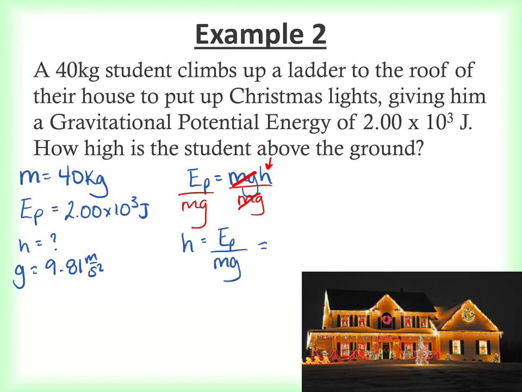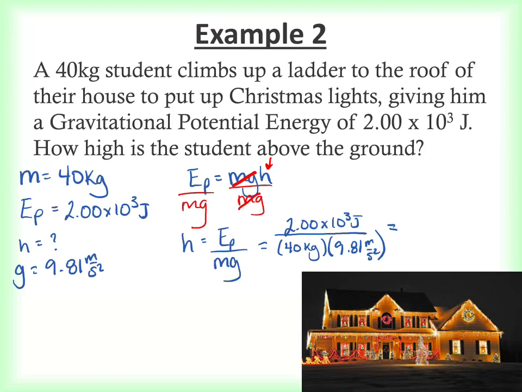So let's calculate this. We have my potential energy, 2.00 times 10 to the 3 joules, divided by m times g. So mass is 40 kilograms times 9.81 meters per second squared. All I'd say about this is be careful how you put this into your calculator.